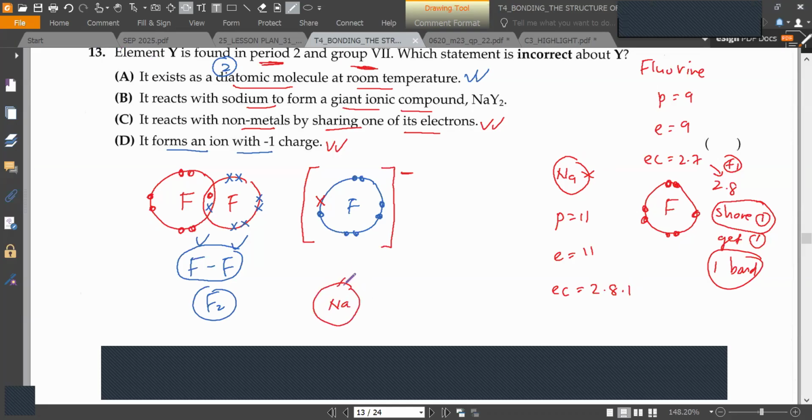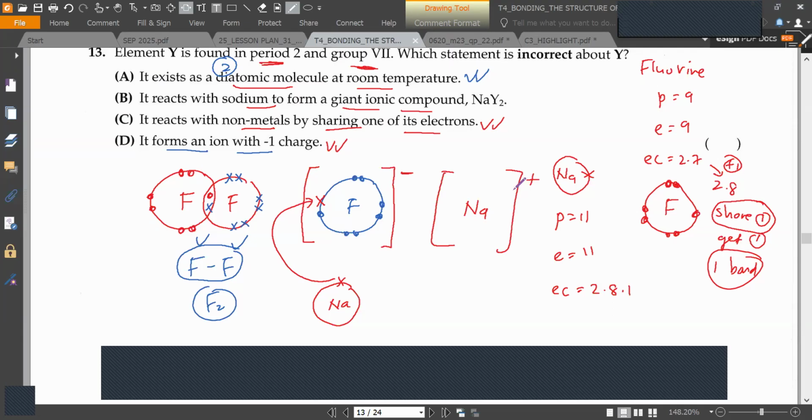This 1 outer electron will transfer to the fluorine. So it will form a plus 1 ion because it loses 1 electron.